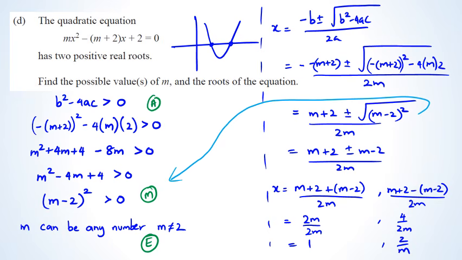What you can say with this particular method is you've got to say that m can't equal 0, because if m equals 0, this particular solution will not work. You've also got to mention that m can't equal 2, because if m equals 2, then you're only going to get one solution.